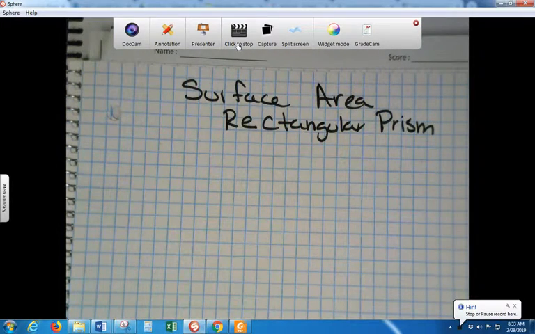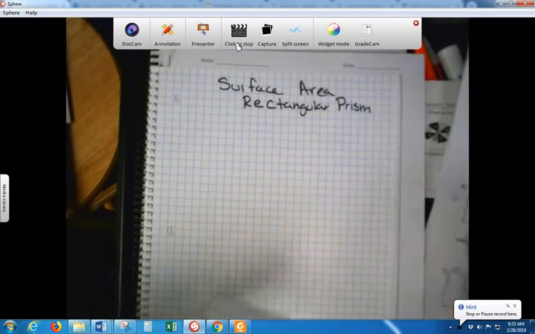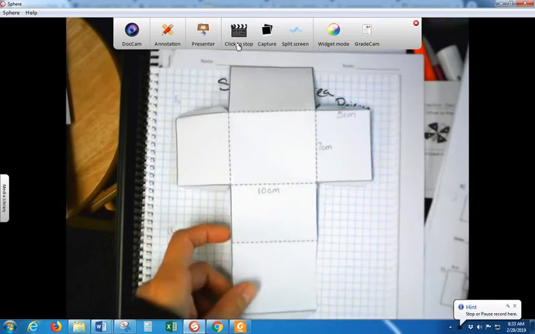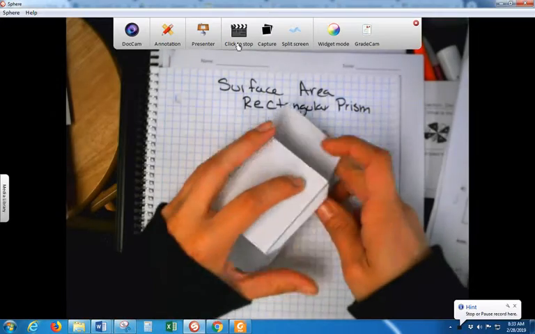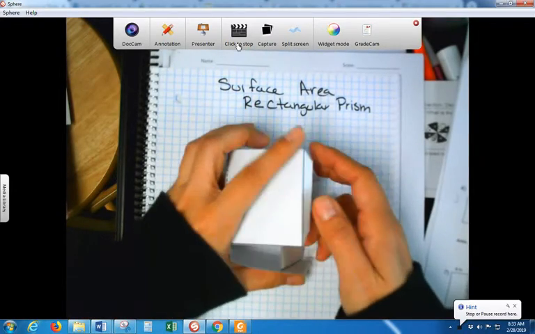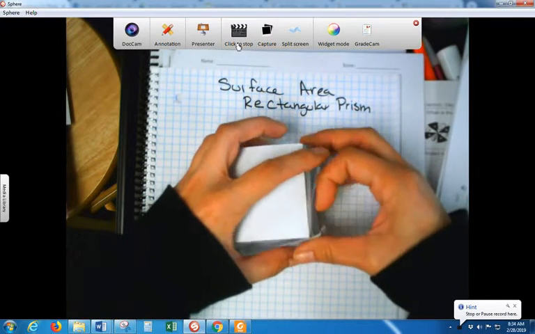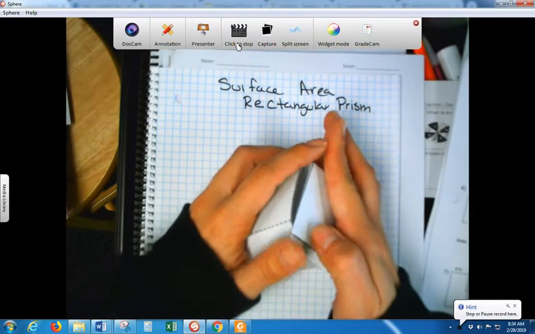Now, you guys cut out the net of a rectangular prism, and we ended up with something that looks like this. This is called the net. Okay? If I fold it all together without gluing it, it ends up being a rectangular prism, right?